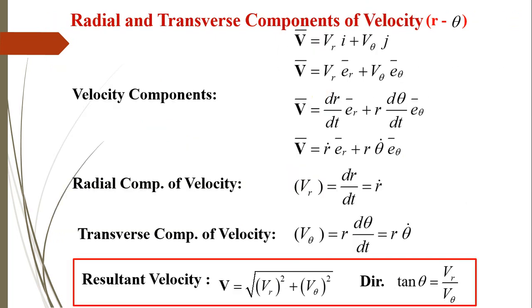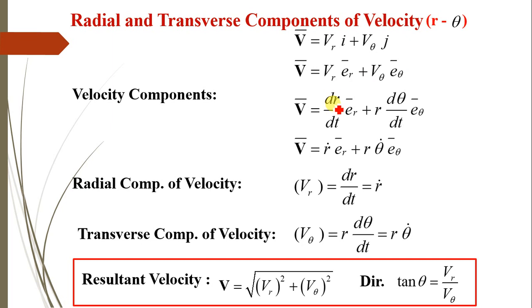Now, the radial and transverse components of velocity. Here the velocity vector is expressed as Vr i plus V theta j, or Vr Er bar plus V theta E theta bar, where Er bar and E theta bar are the unit vectors in the radial and transverse directions.